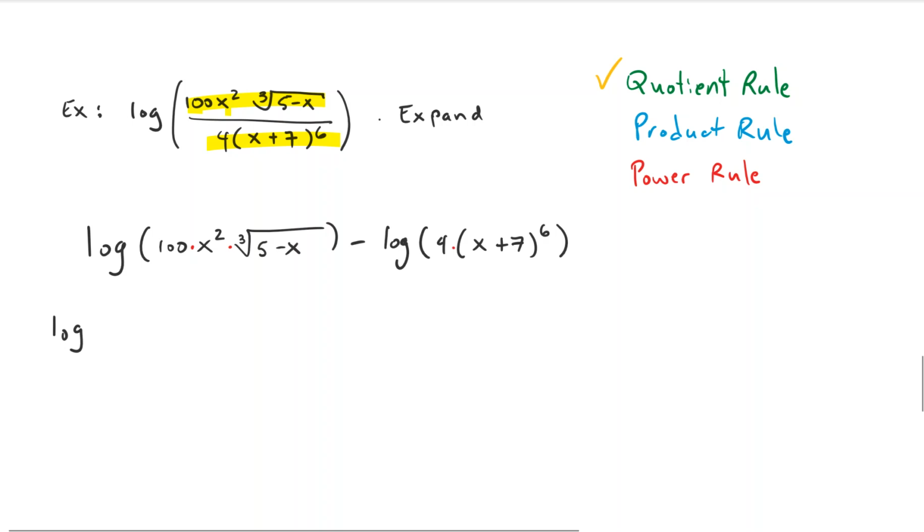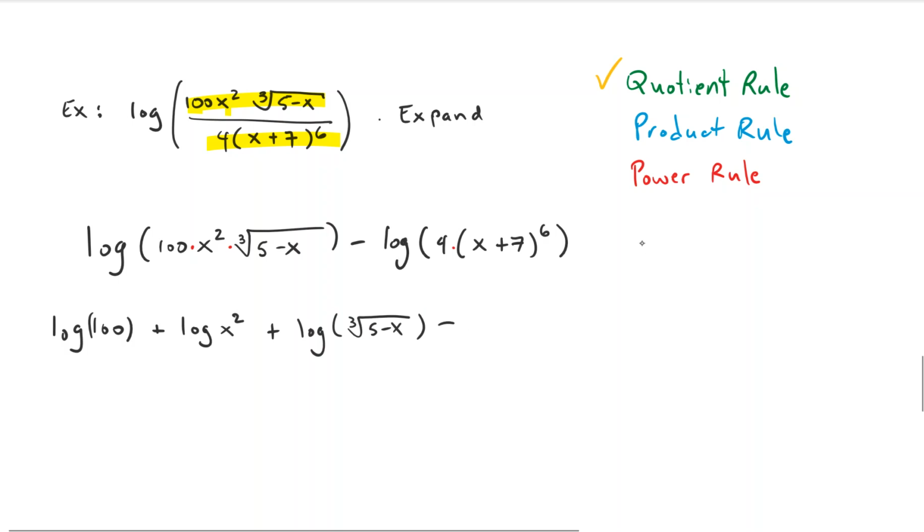It looks funny without the parentheses, because the 1 and the L's look the same. Plus log of x squared plus log of cubed root 5 minus x, minus, and we have a big parenthesis here.